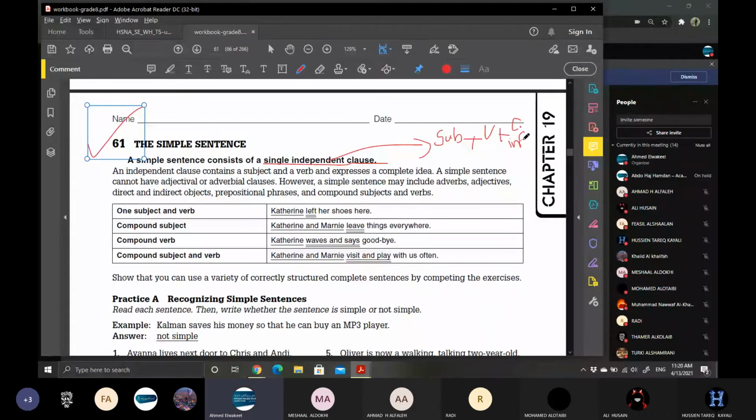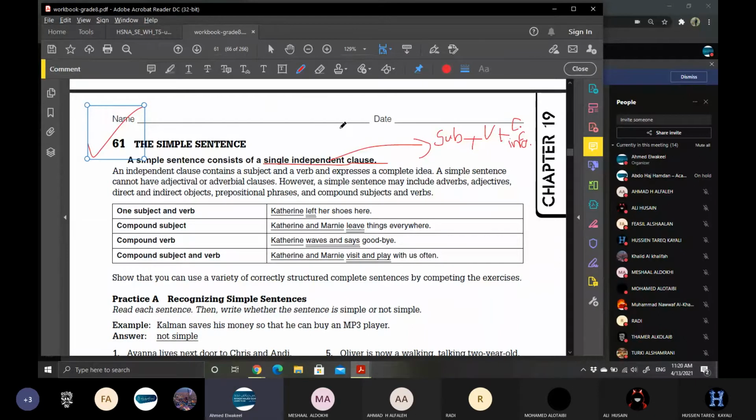Subject, verb, and complete idea or complete thought will give you an independent clause. So if I have a subject and a verb, but my sentence doesn't make any sense, it is not an independent clause.